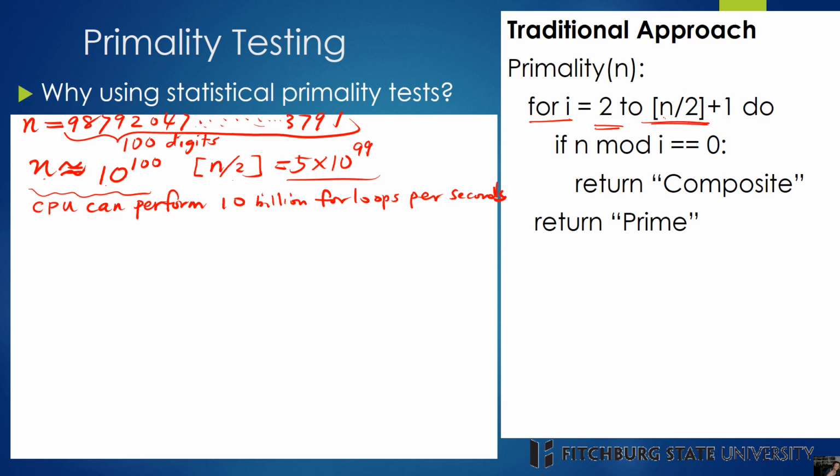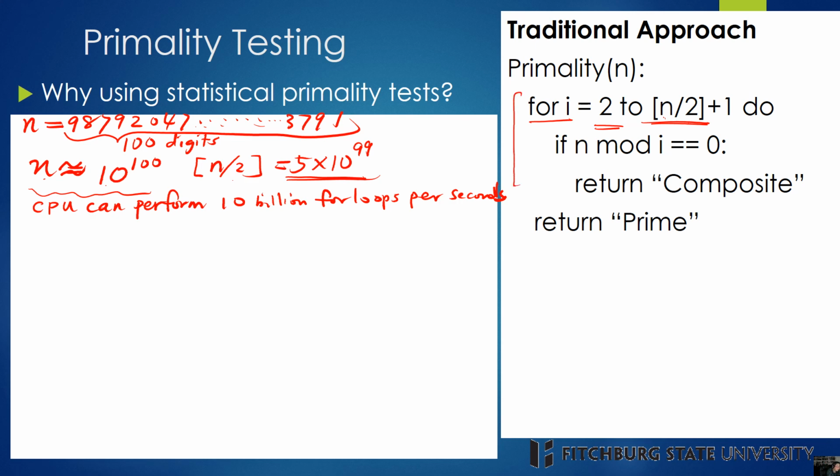I can perform 10 billion loops per second. Now the total number of loops I need to perform is 5 times 10 to the 99. So now, how much time do I need to complete that loop?